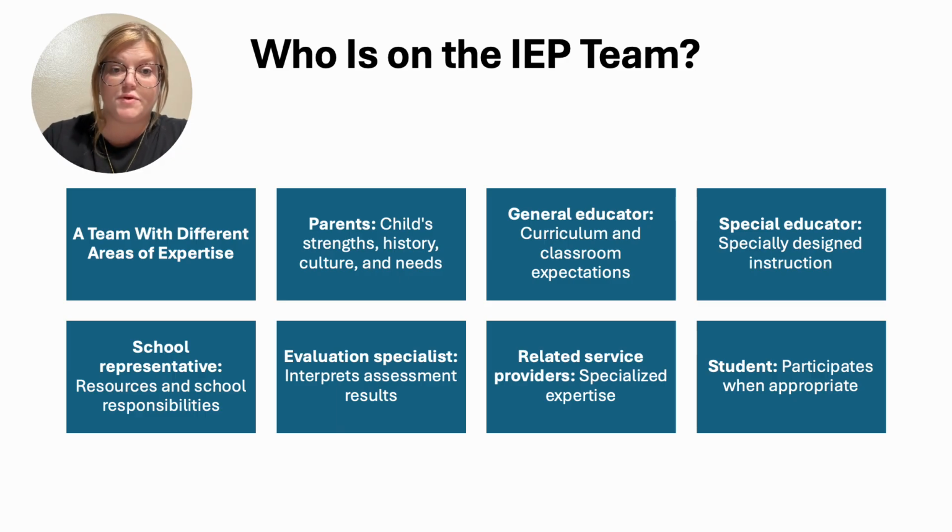Other individuals with knowledge or expertise about the child may participate, including related service professionals. The child should also participate when appropriate. It is not always necessary, so, when appropriate.